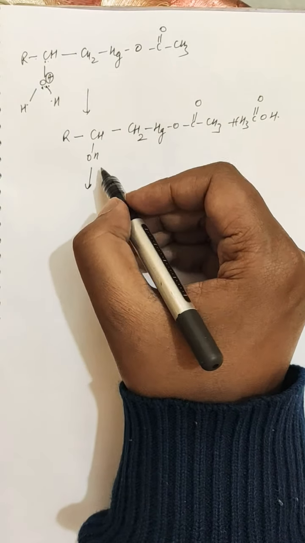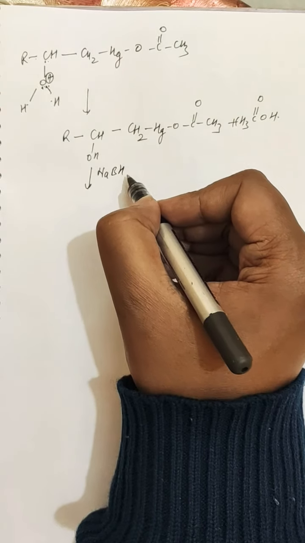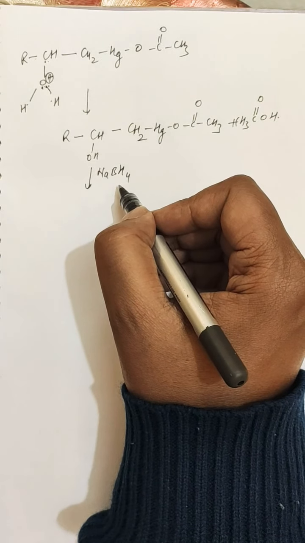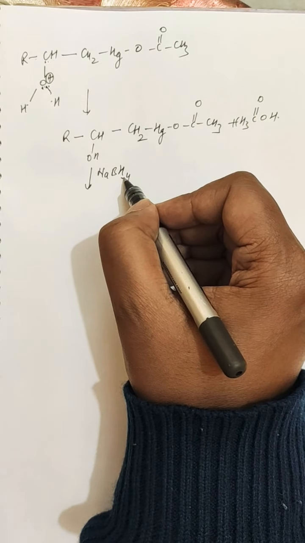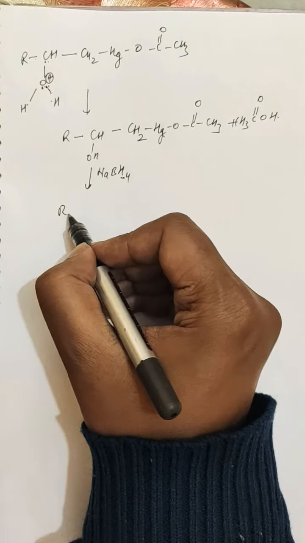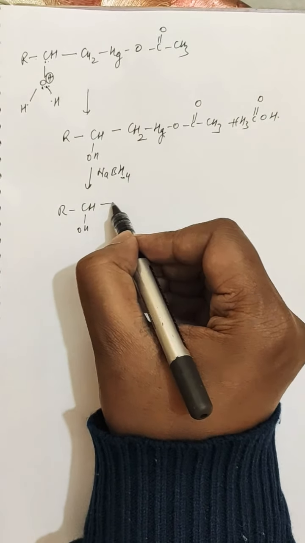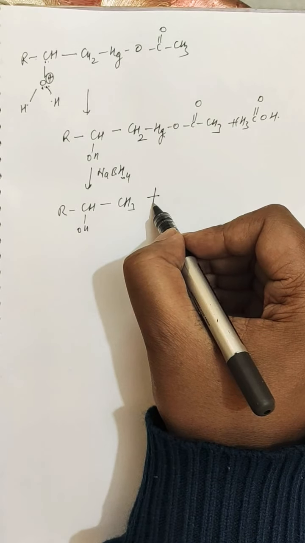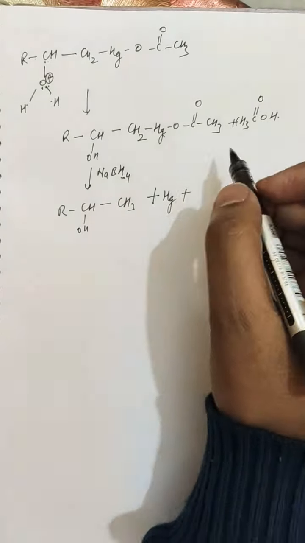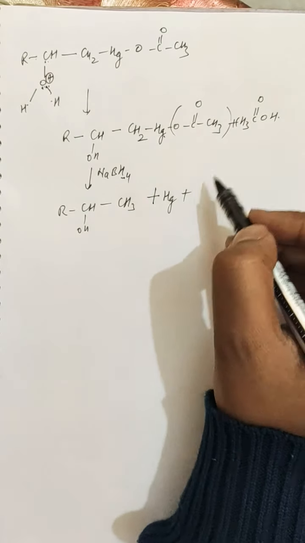In the last step, that is demercuration, we treat the solution with NaBH4, sodium borohydride, and the hydrogen atom of the sodium borohydride replaces this mercury substituent and results in the formation of this alcohol plus mercury and plus the second product, which was the acetate anion from this dissociation.